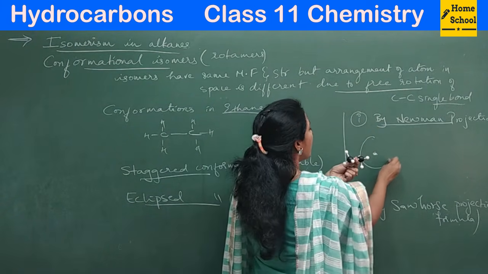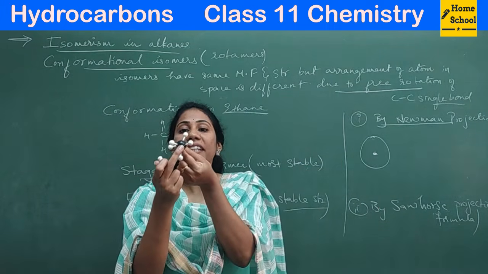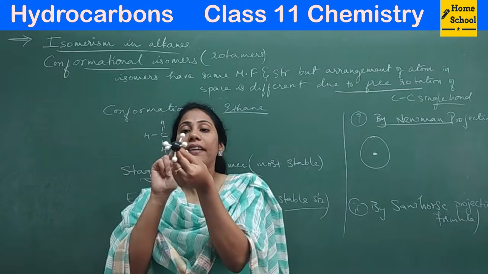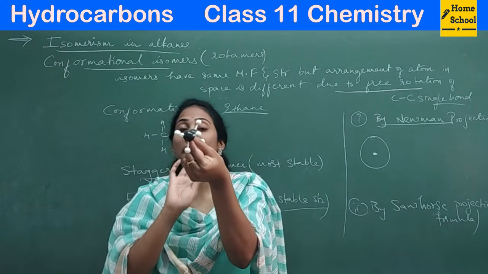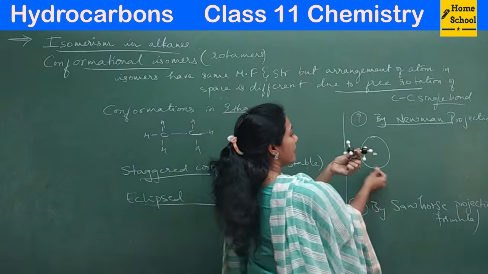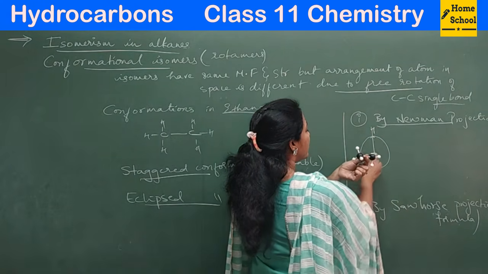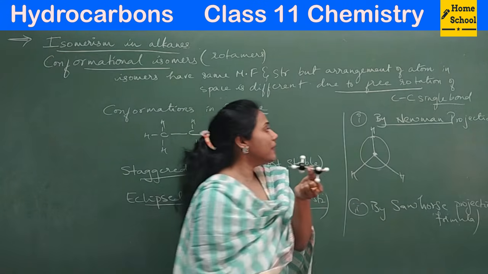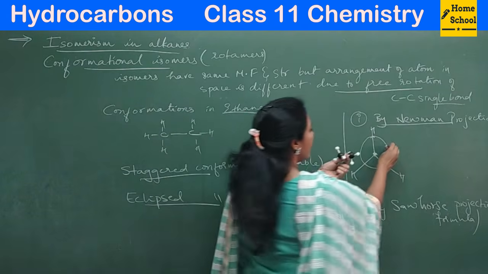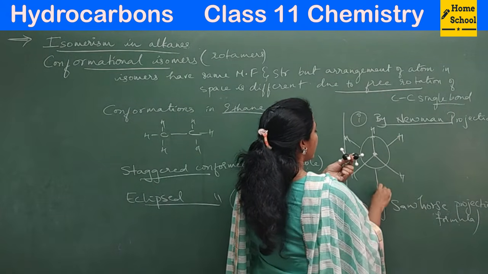And this is your back carbon, the carbon which is behind, which you cannot see actually, that we have represented as a circle. So the front carbon has 3 hydrogens, and the back carbon also has 3 hydrogens, right? So this is 1 hydrogen, this is 2nd hydrogen, and this is 3rd hydrogen.